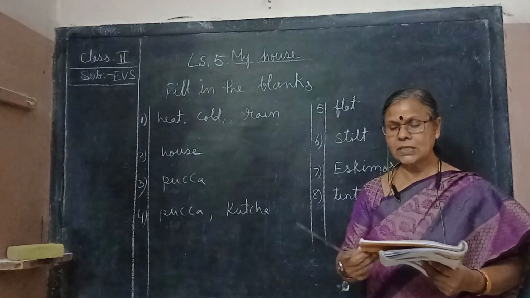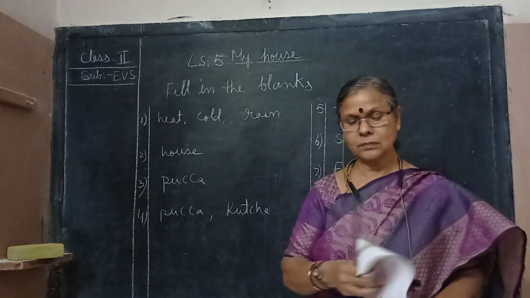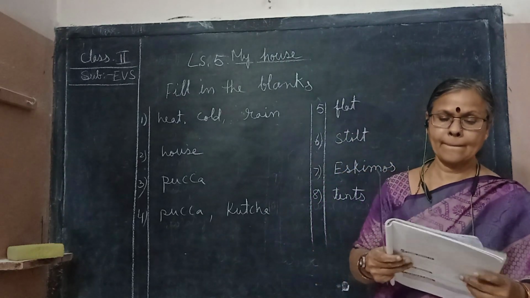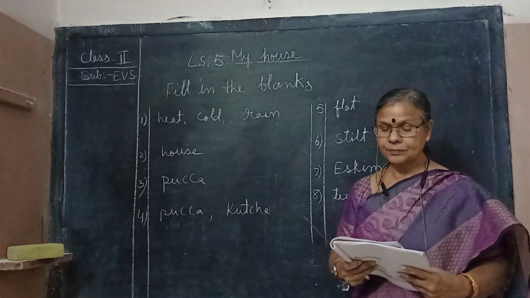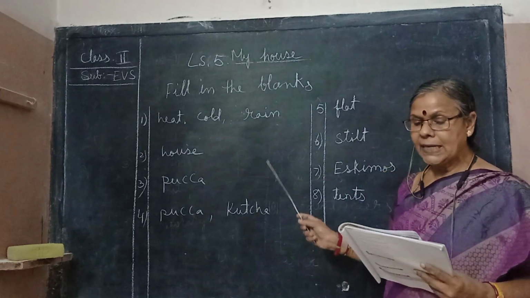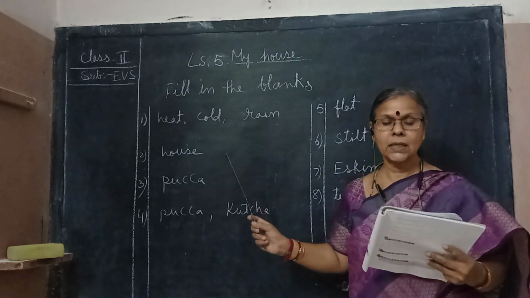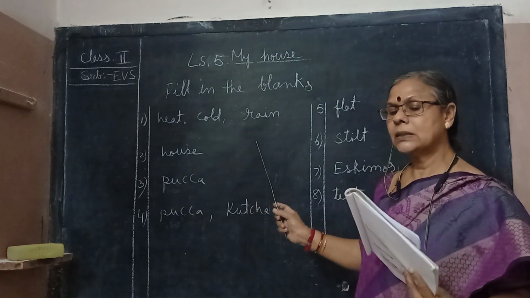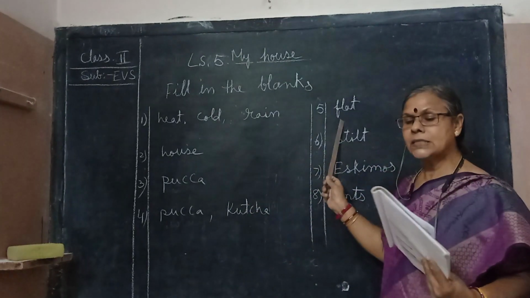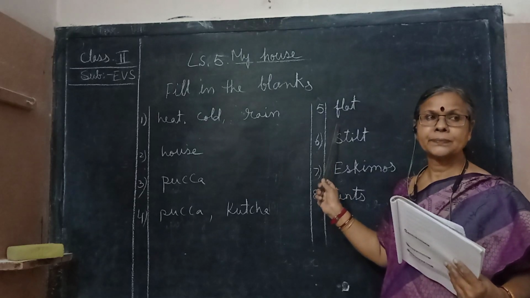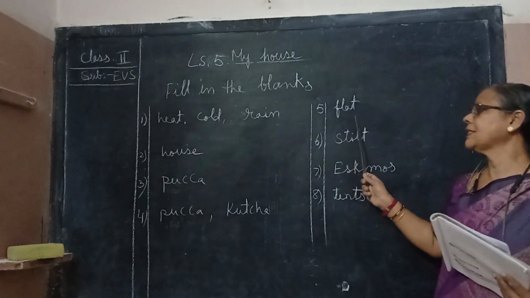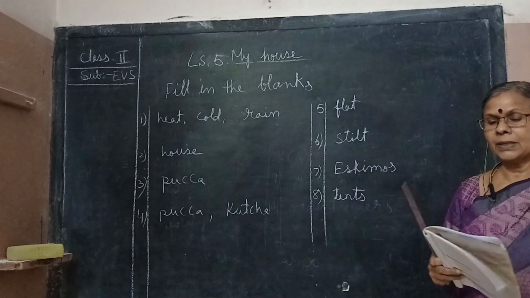Then turn the page. Fifth, in plains and dry areas, people build houses with flat roofs. F-L-A-T, flat. Fifth, fill in the blanks.